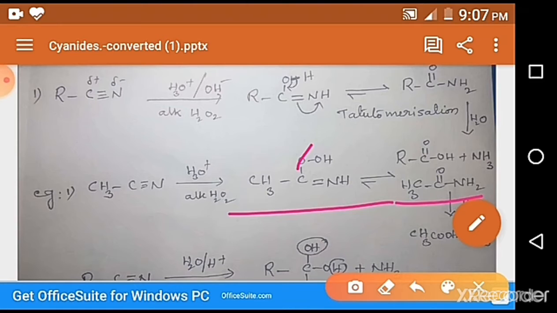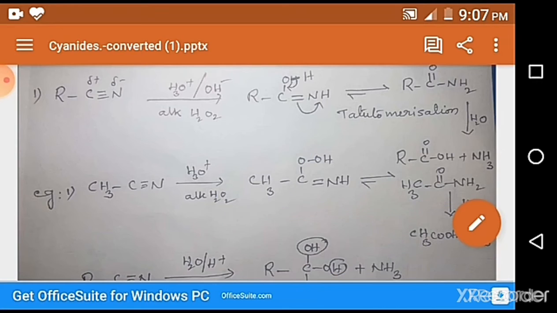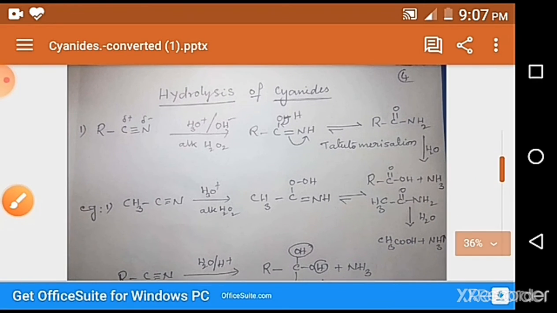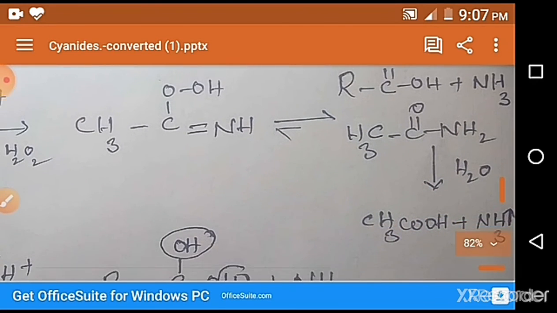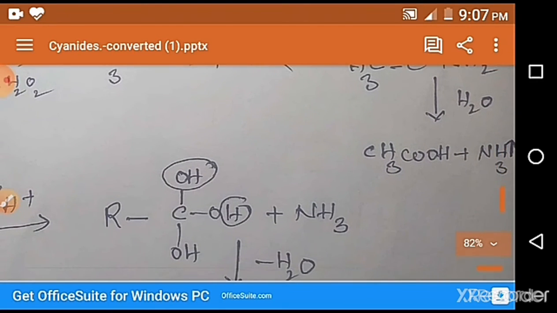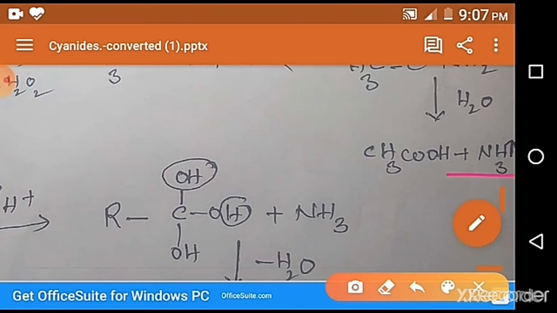These amides on hydrolysis give acetic acid and ammonia. Anyhow, when cyanides undergo hydrolysis, that means addition of water, they give carboxylic acids by eliminating ammonia gas.